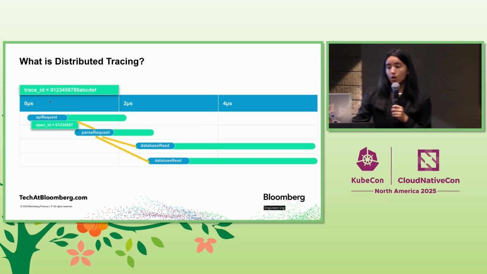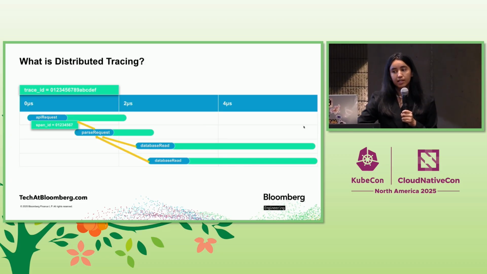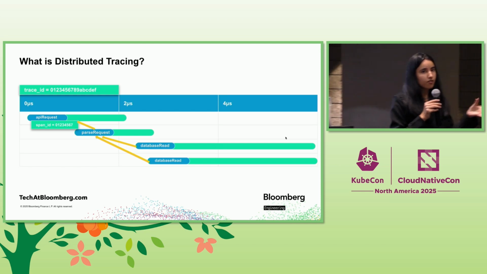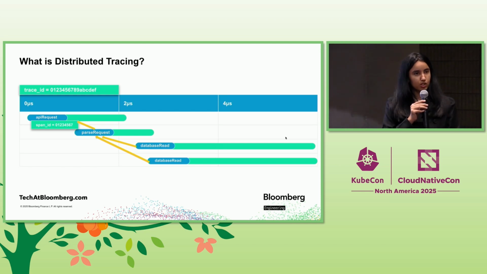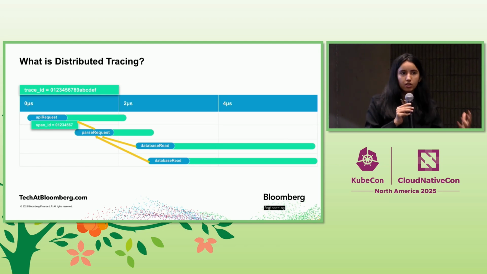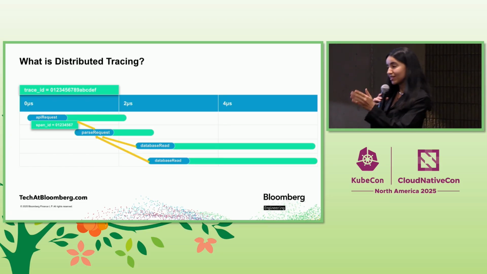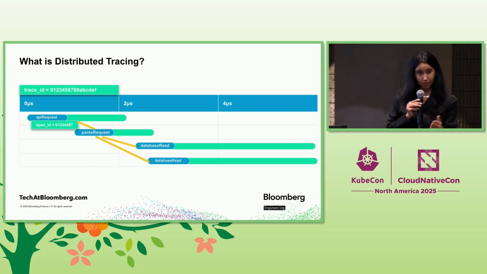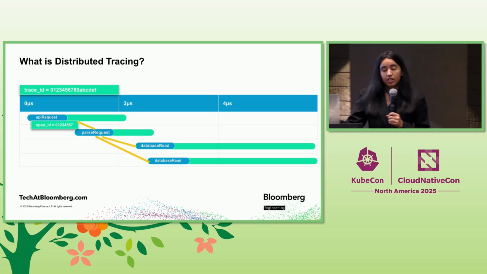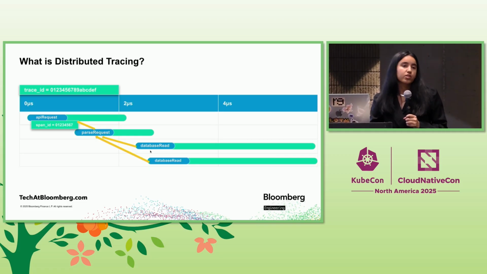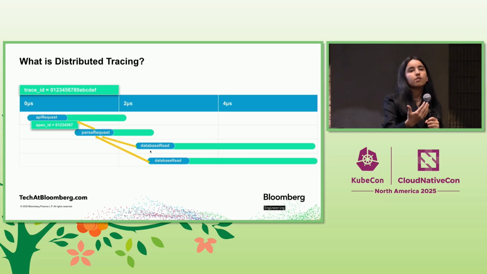And then you will also see that there's this timeline up top. That is because every span holds timing information for when a certain operation or service call started and ended. And we are here to talk about latency metrics, so these timestamps will be key for what we talk about later. And finally, each span also holds references to its parent spans.